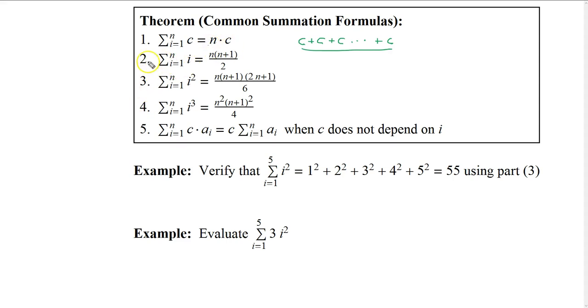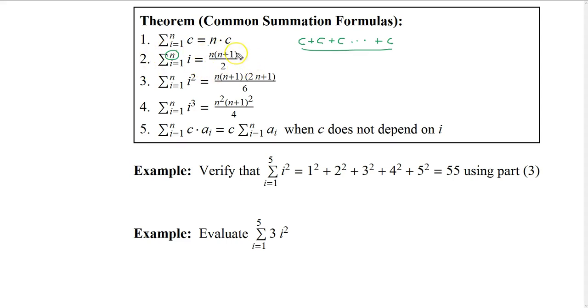Now here's one that's not obvious at all. The summation from i equaling 1 to n of i is n times n plus 1 over 2. So in other words, all we have to do is put the upper limit n into this formula right here, and we'll be able to obtain the sum of 1 plus 2 plus 3 plus 4 all the way out to n.